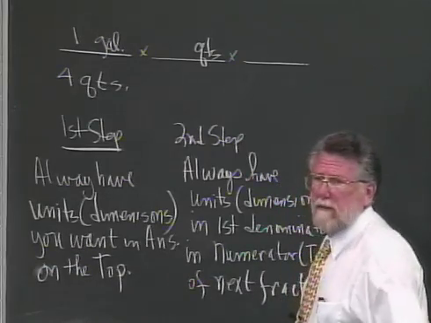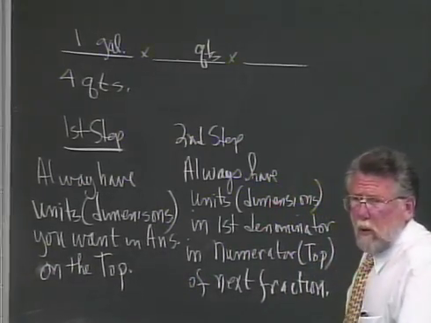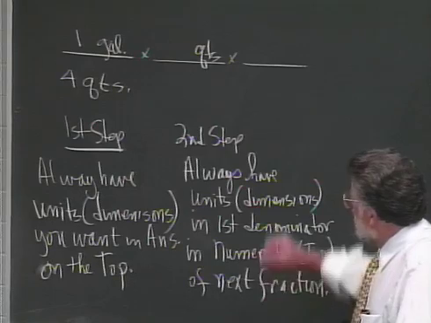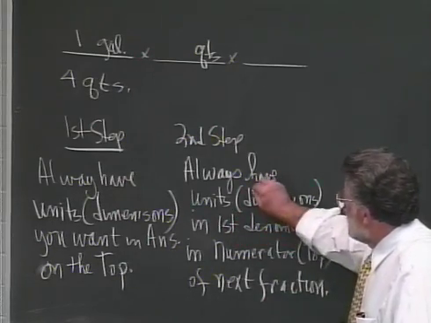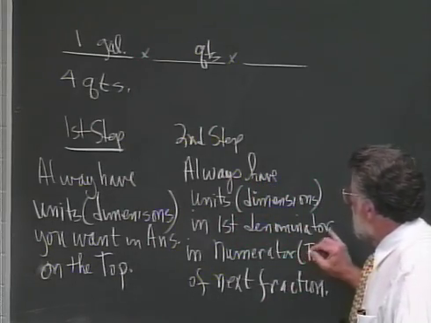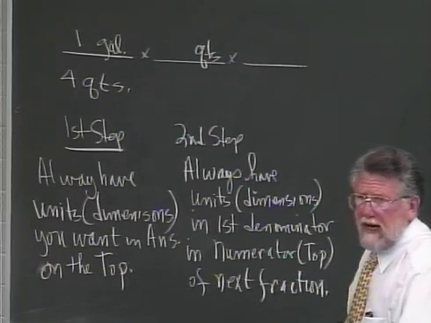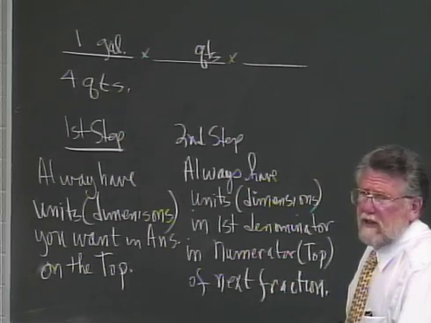Now that's what we've done. We've put quarts up there. So we always have the units or dimensions in the first denominator in the numerator of the next fraction. So that means it has to be quarts.